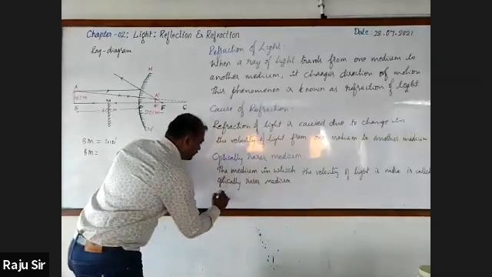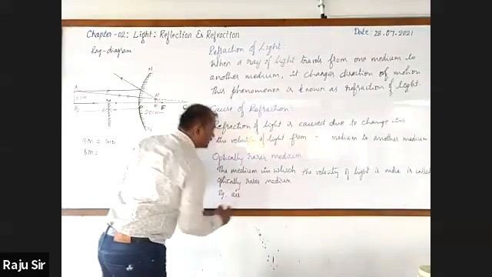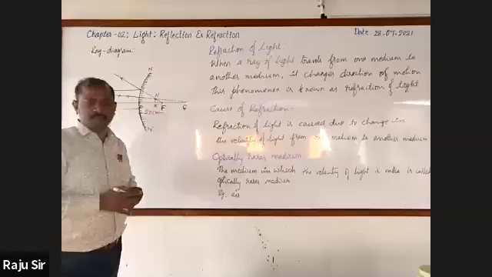In general, air is an example for optically rarer medium.